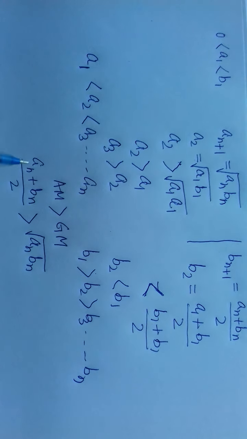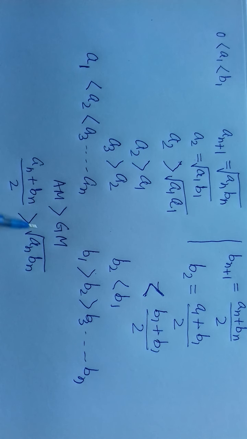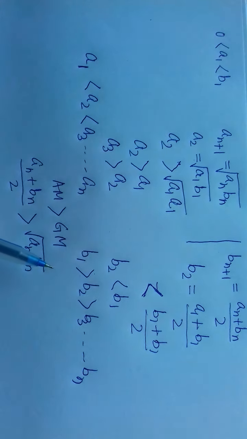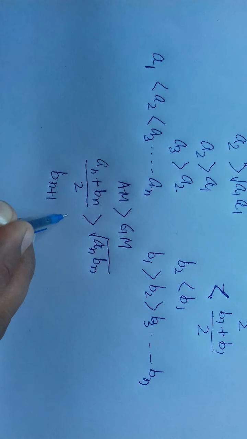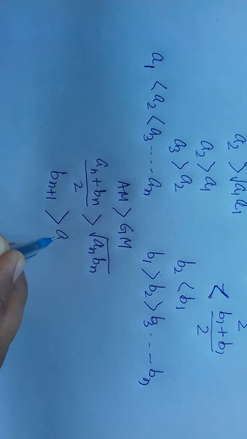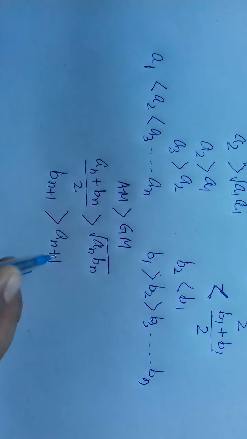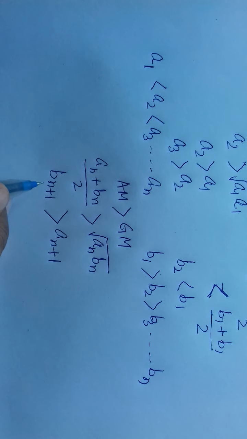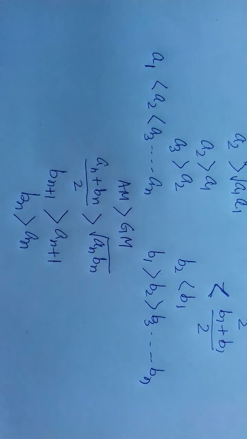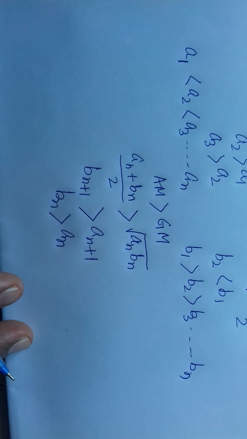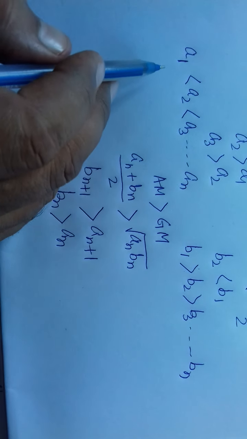For this expression we can write b(n+1), and for this we can write a(n+1). Putting n minus 1 in place of n, this will be bn greater than an.